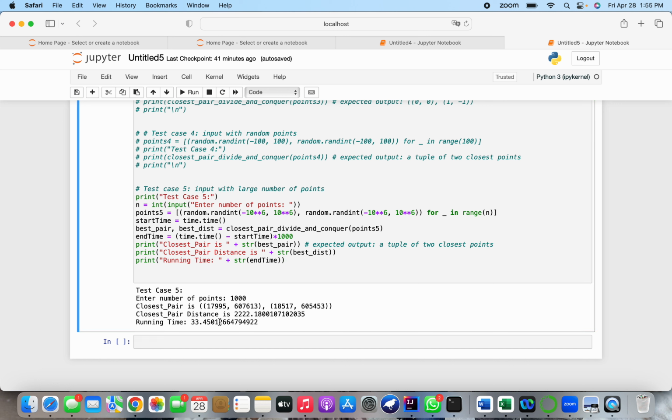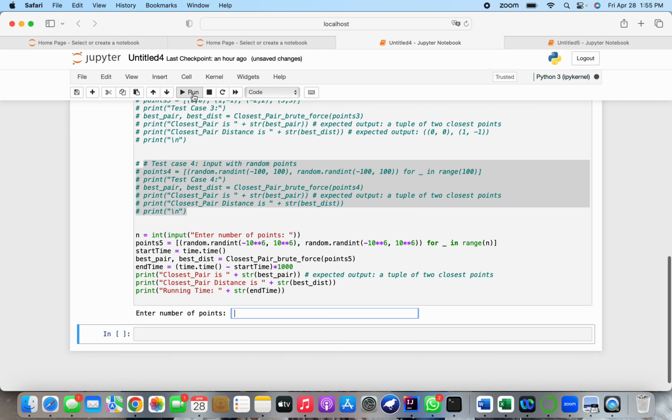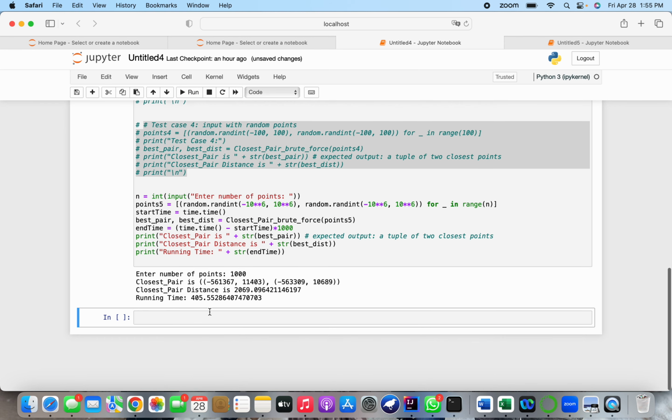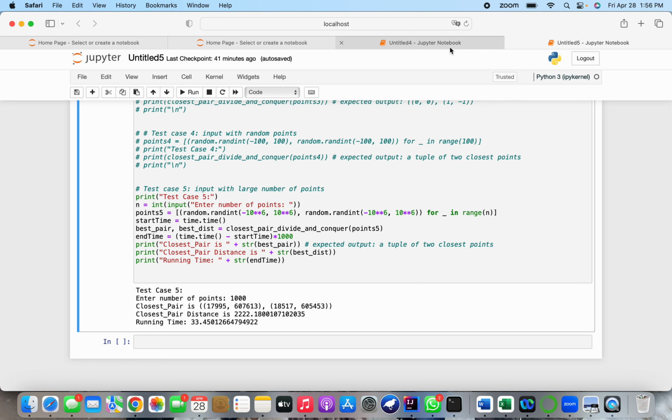So if you compare test case 5 with n equals 1000, here I got the running time of 33 milliseconds. But in brute force, if I run only test case 5, you see the running time is 405. Here I got 33 and here it is 405.